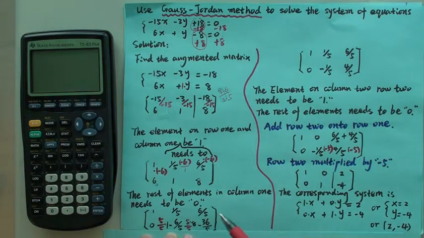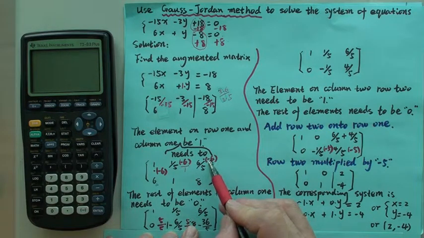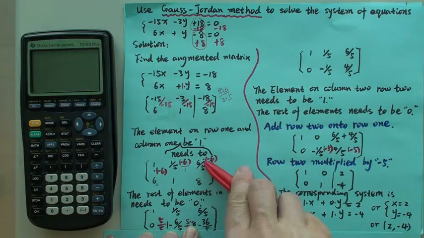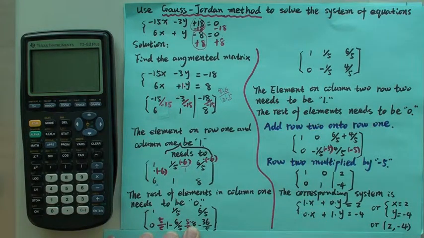And similarly, here is 8, and then upstairs you have positive 6 times negative 6.